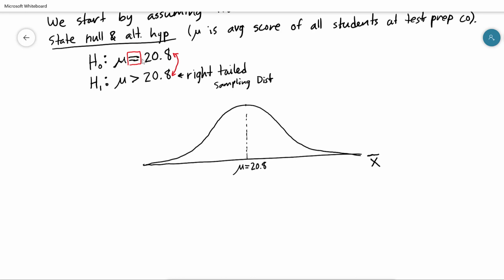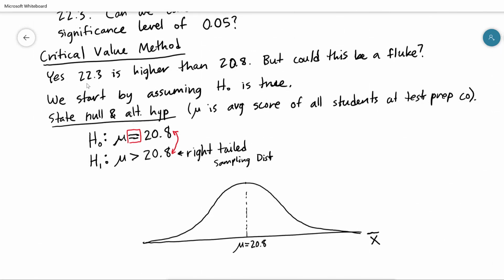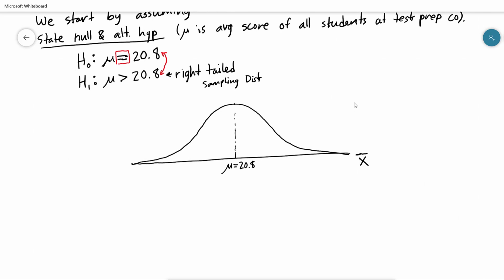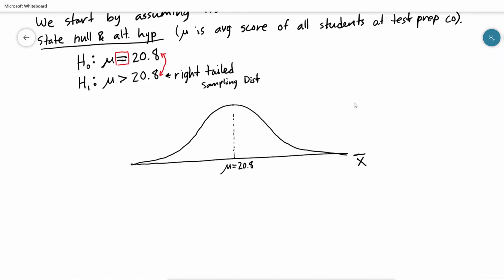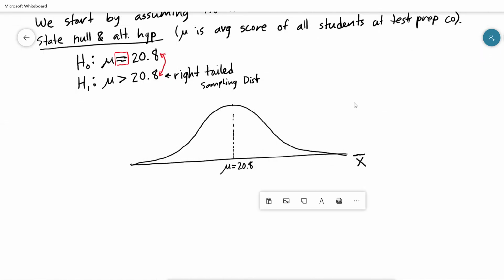By assuming that the mean score of all students at the test prep company, that value of mu, is 20.8, that puts it at the center of our sampling distribution. And the evidence that we got is this 22.3. The test prep company took a sample of 80 students, and they found for their 80 students that their x-bar value was 22.3.